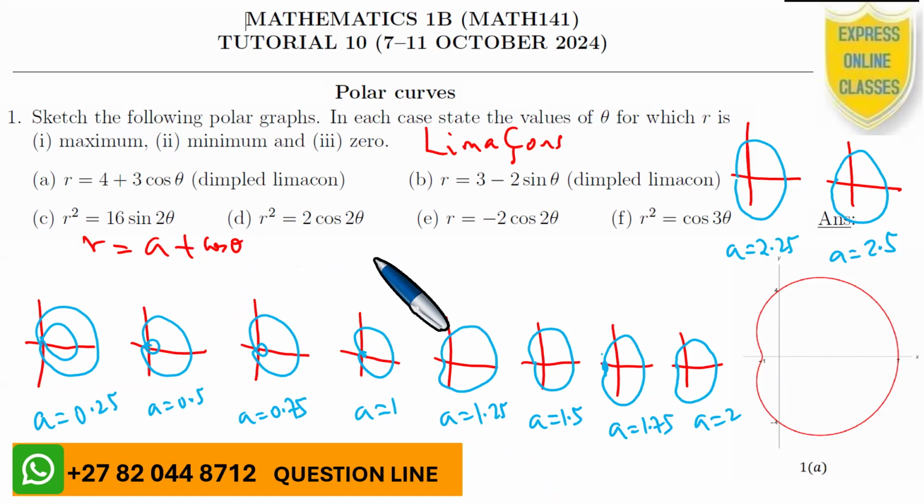That is what you're able to notice. But let us continue with our search and understanding. I'm trying to look at the textbook's approach to the shapes so that you're able to relate, because for instance, when A is 0.25, it has a big loop inside. But when A is 0.5, it is a smaller loop.